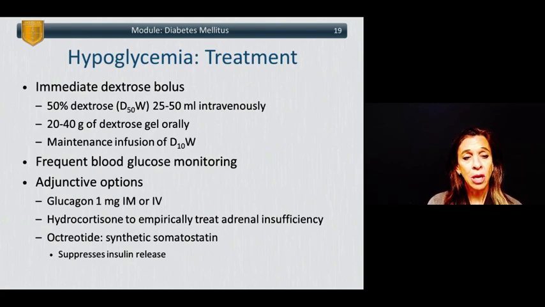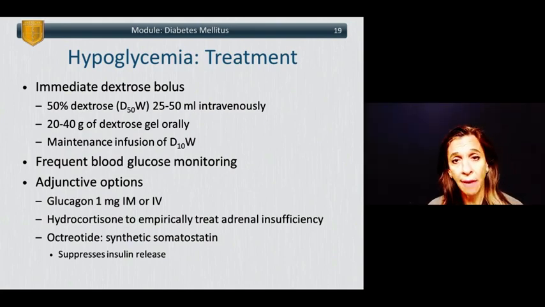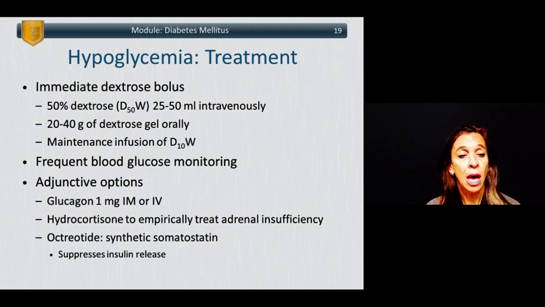So what is the treatment? Well, it's immediate administration of glucose. If the patient has an intravenous line, 50% dextrose, which is D50. A typical amp is 50 milliliters, so give a half to a full amp intravenously. Or one can administer 20 to 40 grams of dextrose gel orally.